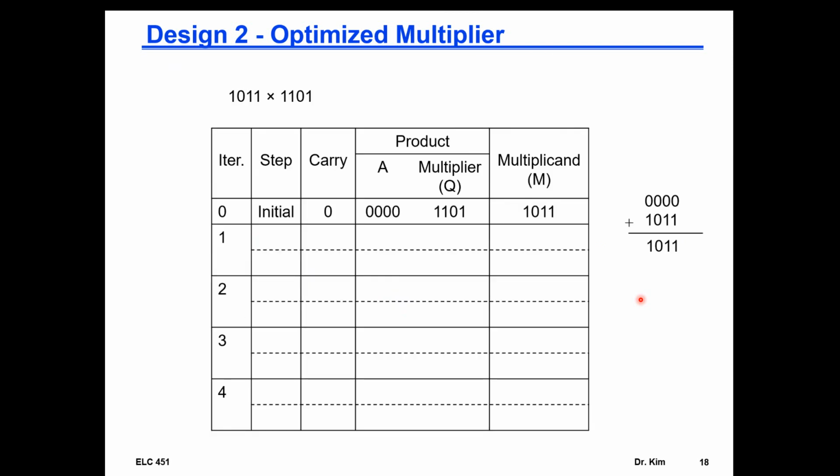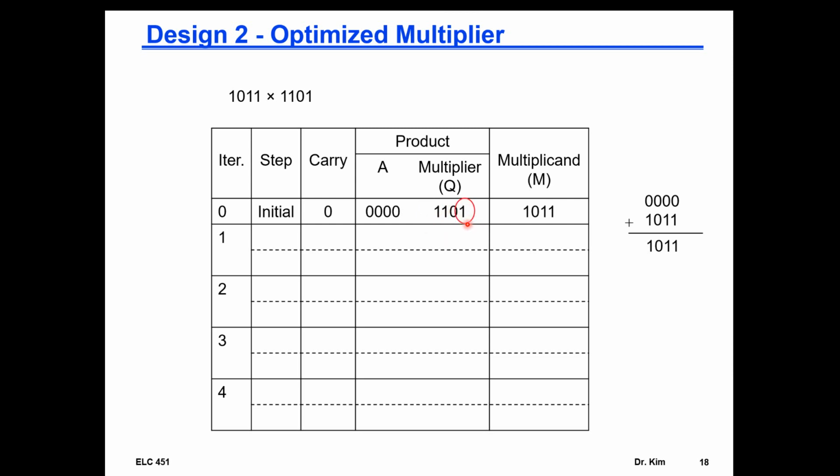So let's go through this with the optimized multiplier, what we call the second version. So here we are. This is the multiplicand, and this is in 4 bits. This is the multiplicand, which is in the upper register, and the multiplier is stored in the lower half of the product register.